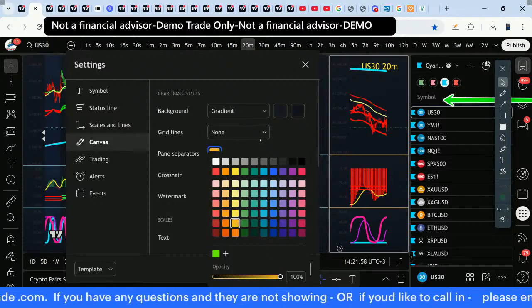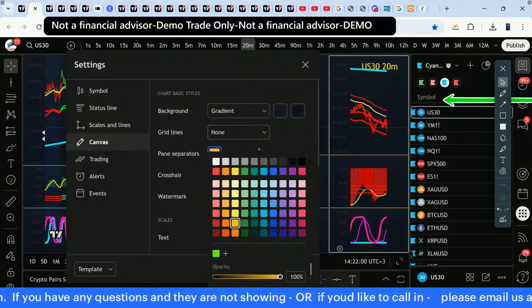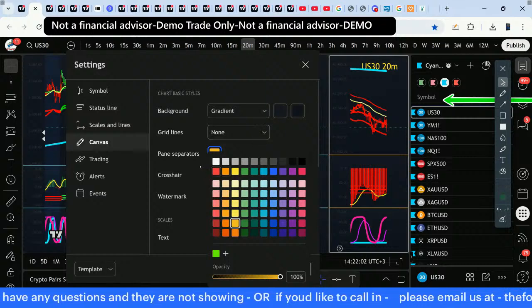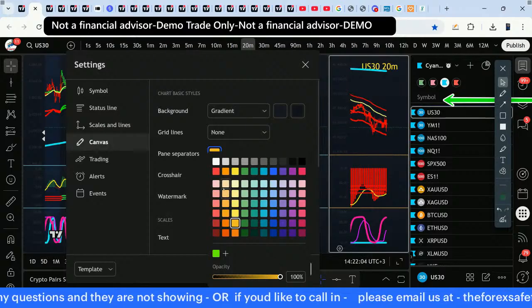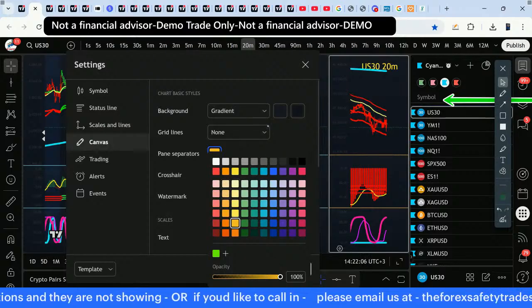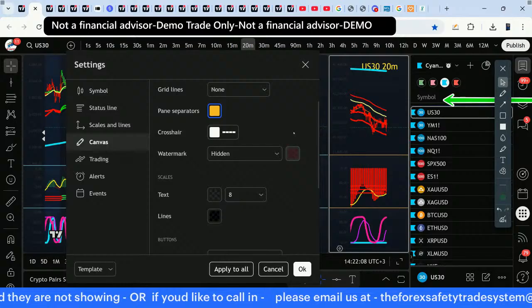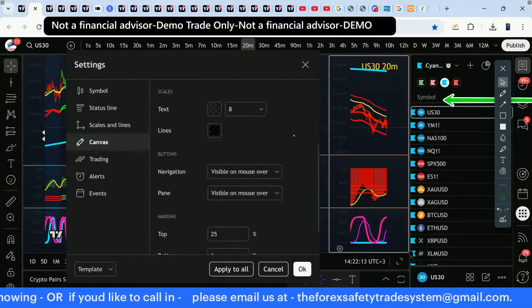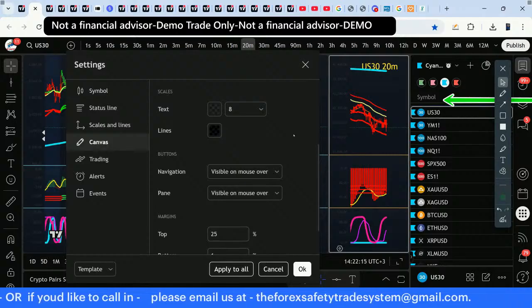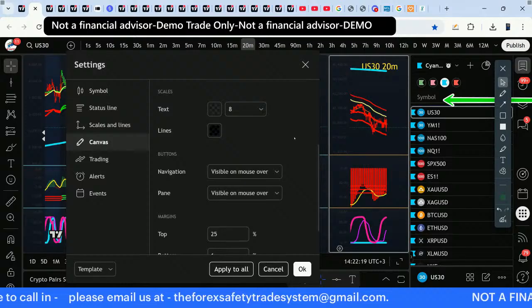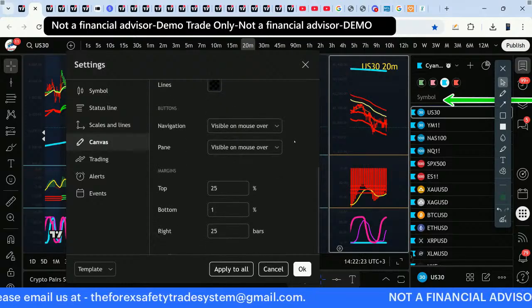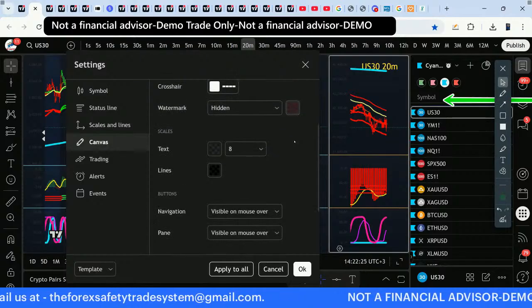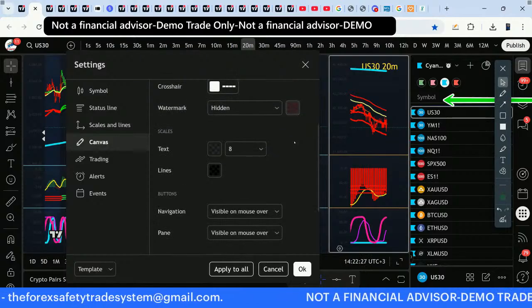But not what I was after. I'm trying to find out how we get not grid lines, not the watermark, not the crosshair. At the top, visible on board. No, not that.